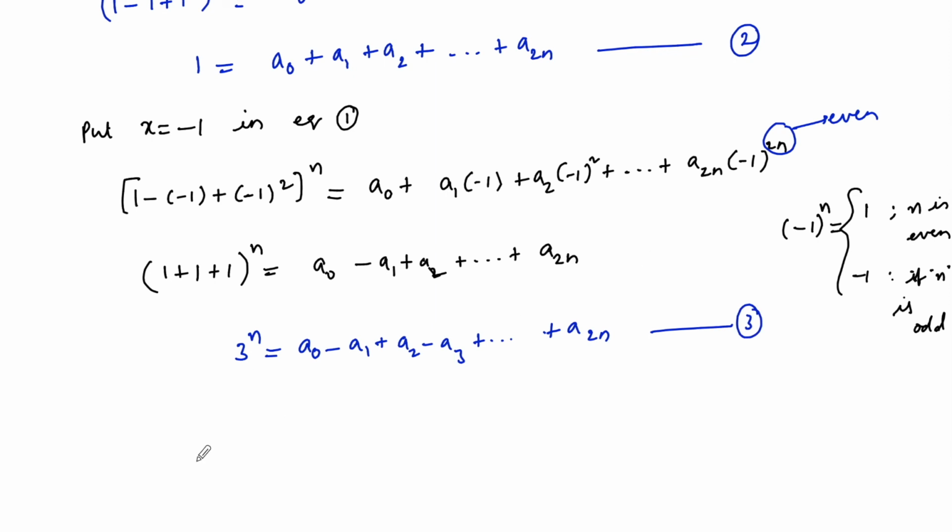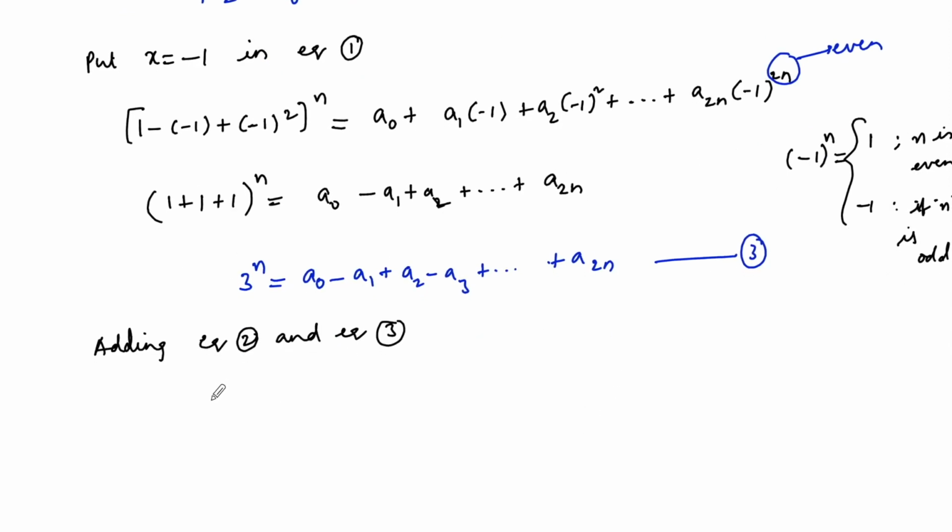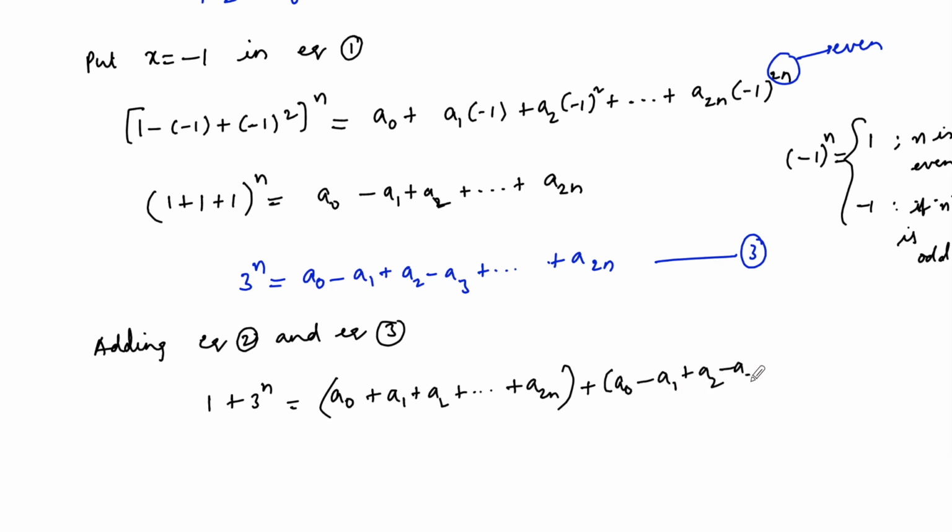Now adding these two equations, equation 2 and equation 3, so we have 1 + 3^n is equal to a0 + a1 + a2 and so on up to a2n plus a0 - a1 + a2 - a3 and so on up to a2n.